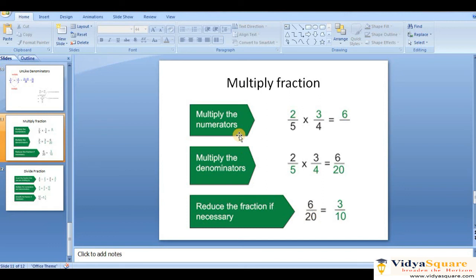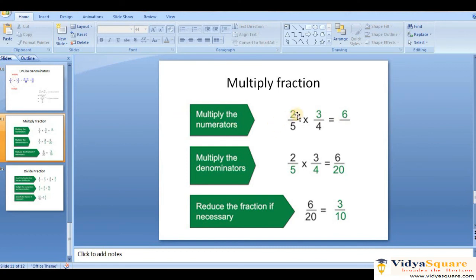Next, we saw that performing addition and subtraction are the same when it comes to fractions. When we want to multiply two fractions, it's quite simple. Step number 1, multiply the numerators.